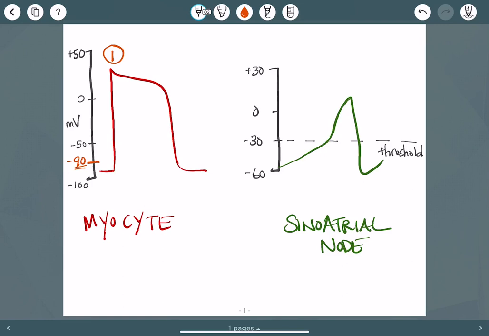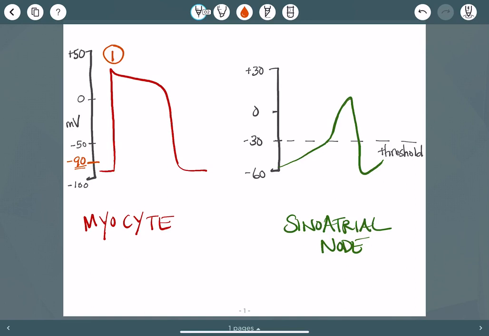Unlike a nerve, myocytes have a second channel, and those are L-type calcium channels. L-type calcium channels open as soon as the membrane potential gets above -40 millivolts. Now, these L-type calcium channels have a much slower influx of calcium.